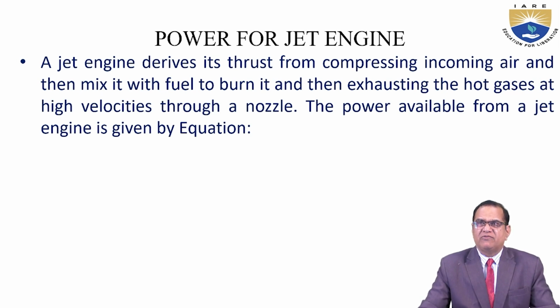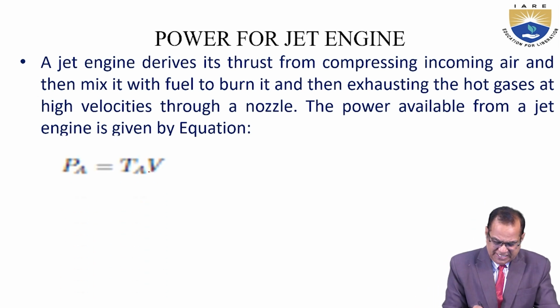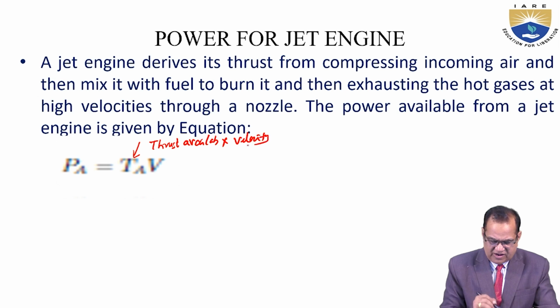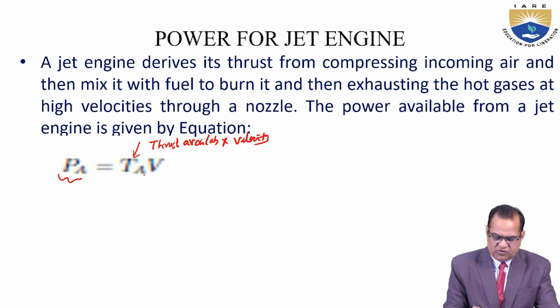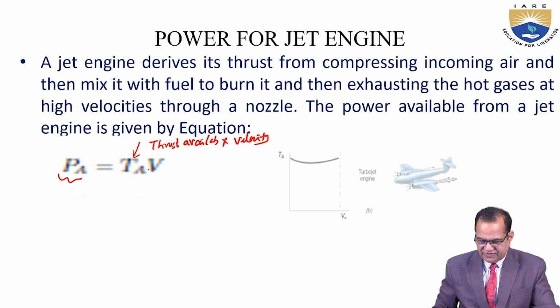The power available from a jet engine is given by the equation PA is equal to TA into V, where TA is the thrust available, and V is the velocity of the aircraft. So power available is equal to thrust available into velocity of the aircraft.